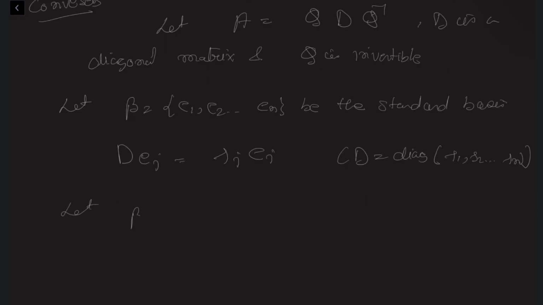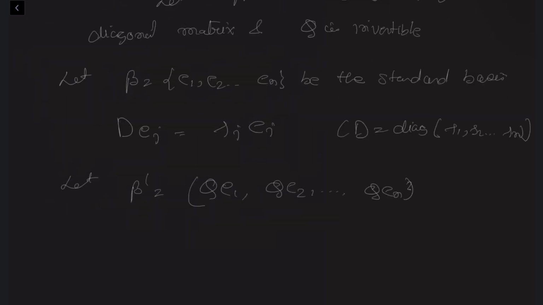So beta dash I am taking as Q E1, up to Q En. Then what happens to Q D Q inverse times Q Ej? What is this quantity? This quantity is nothing but Q times lambda Ej, which is lambda times Q Ej.